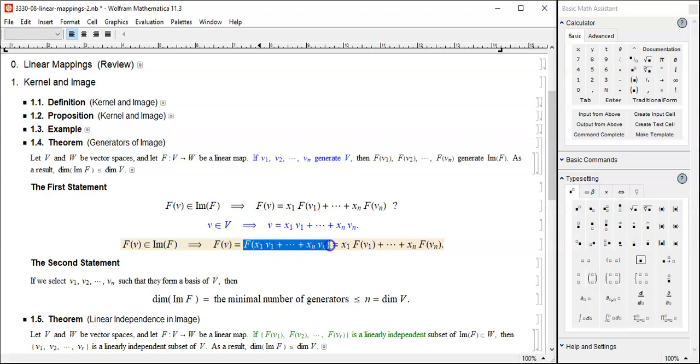From here to there, is this true? Yes, indeed, because f is a linear map, so it preserves the linear combination. And is that what we wanted to prove all along? That's what we wanted to prove, and we indeed got it. We used this as an intermediate step in the color-coded part.